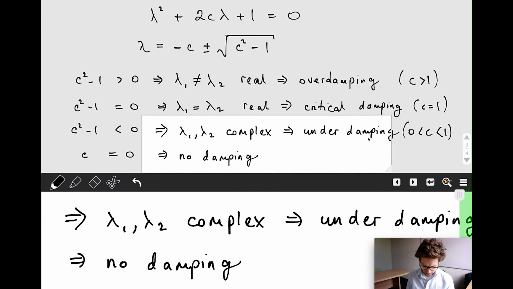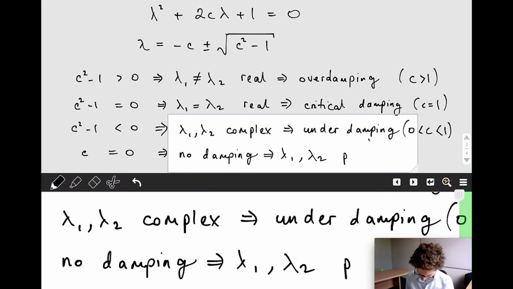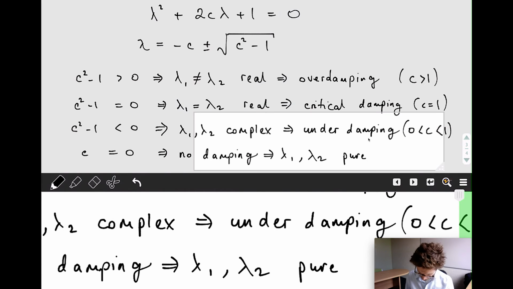In which case, we get lambda 1 and lambda 2 are pure imaginary. They don't have a real component. They're just purely imaginary solutions. In fact, they're plus or minus i. In that case, we get sines and cosines with no decay. So that's the no damping case.